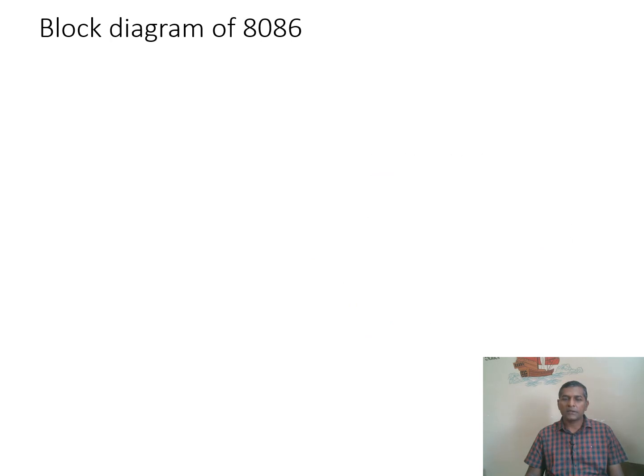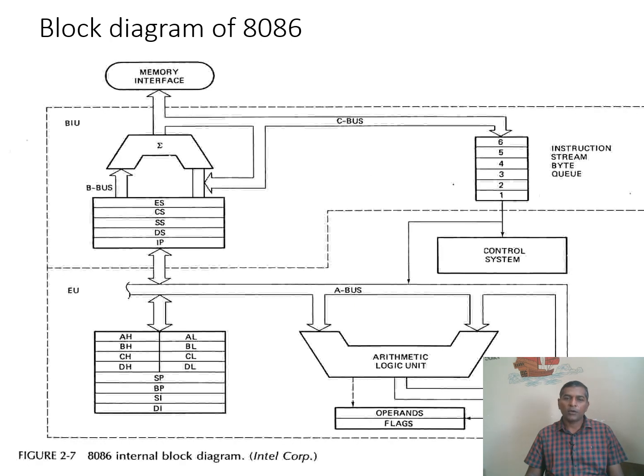Then this is a block diagram for 8086, the internal architecture of 8086. This is not the actual, but this is the behavioral architecture of 8086. This is how the 8086 microprocessor behaves and works. So as I said, this is a central processing unit, and this is a memory. This is where the RAM is connected.